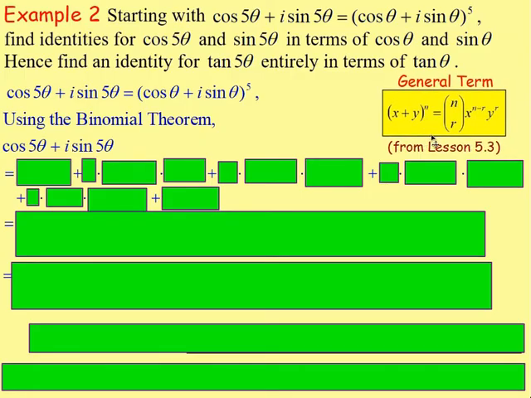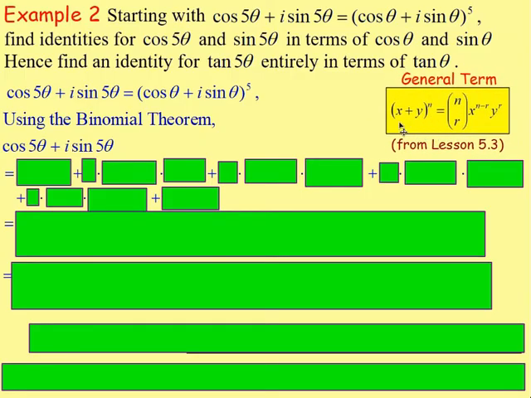From lesson 5.3, when we're looking at the binomial theorem, if we've got something plus something to the power of n, here it's 5, so you're going to have 5C0, 5C1, 5C2, 5C3, 5C4, 5C5, and you would have your x to the power of 5 take away r.